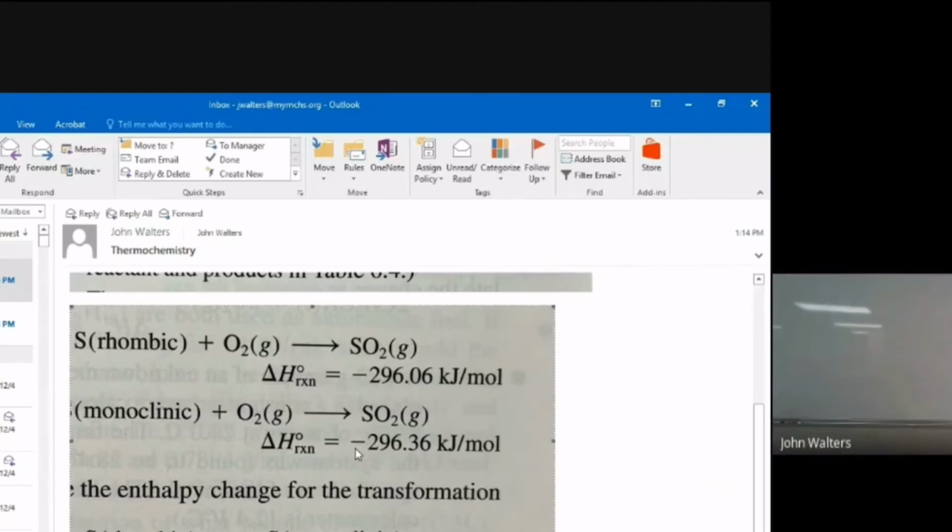So let's simply add 296.06. Let's put a negative on that. And then we're going to add it to 296.36. And go ahead and replug that in and see what you get.